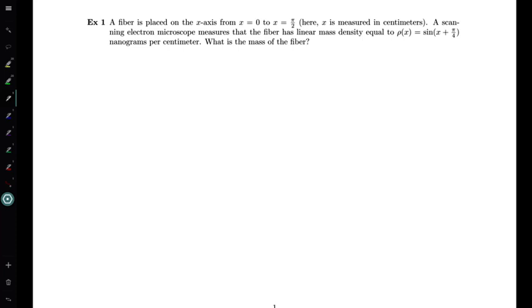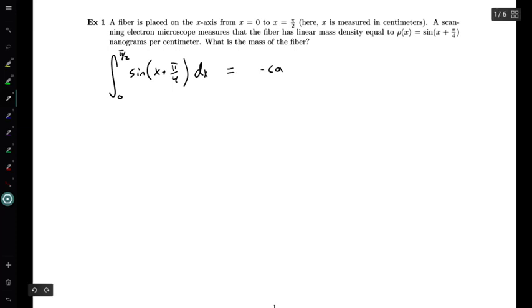Well, we just got finished saying that if we have a linear mass density function, then we want to integrate that thing. We're told that the fiber is placed on the x-axis from 0 to pi over 2, and we are looking at the density function sine of x plus pi over 4. Well, this is an easy integral for us to do.